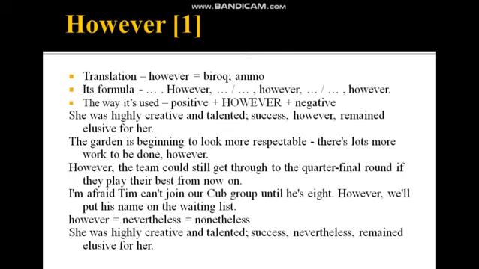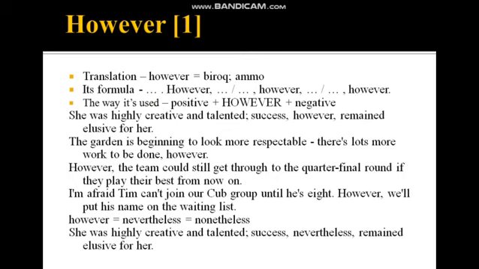After success we use a comma, and after however a second comma, which means in the middle of a sentence you use two commas for one however. If you want to end your sentence with however, just first put a comma, then however, and then a period.